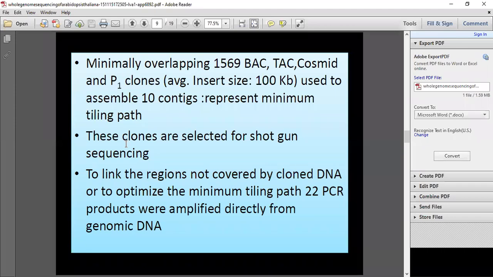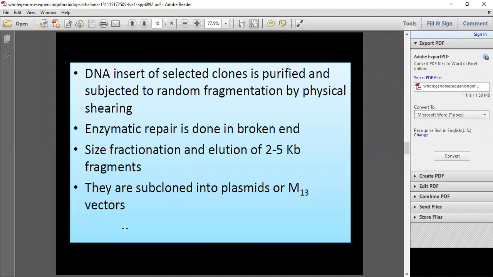Then they have to sequence the clones to link the regions not covered. Then they also subcloned these into plasmid or M13 vectors. After doing the physical mapping, they inserted the segments of DNA into the M13 phage and plasmid vectors.